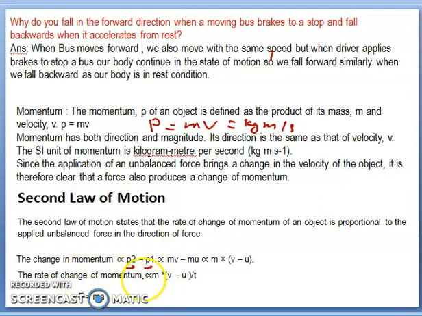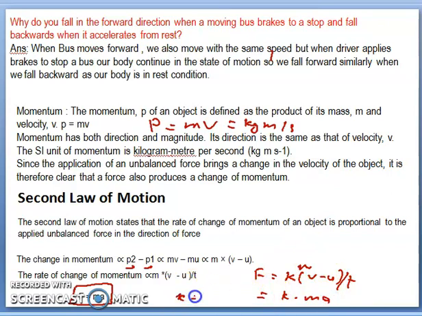So for the rate of change in momentum, we have to divide by t: m into (v minus u) upon t. (v minus u) upon t is acceleration, so we can write F is proportional to m(v minus u)/t, therefore F equals K times m a.